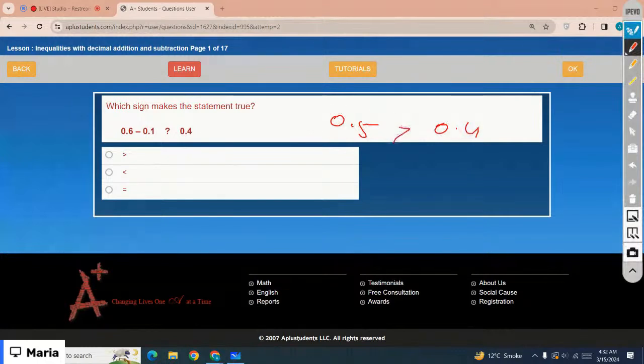So the correct option is greater. The correct option is greater, right?